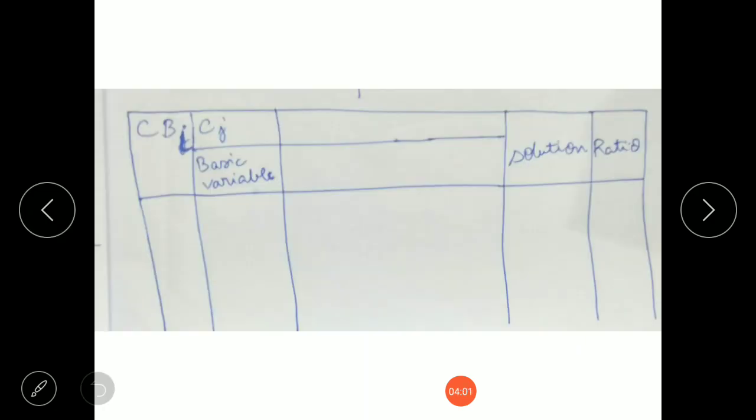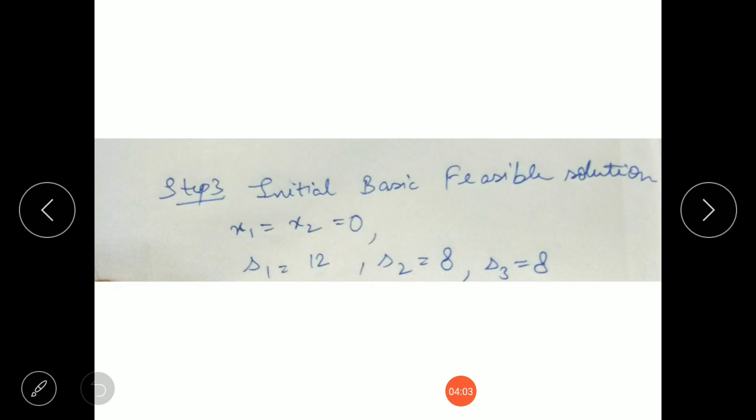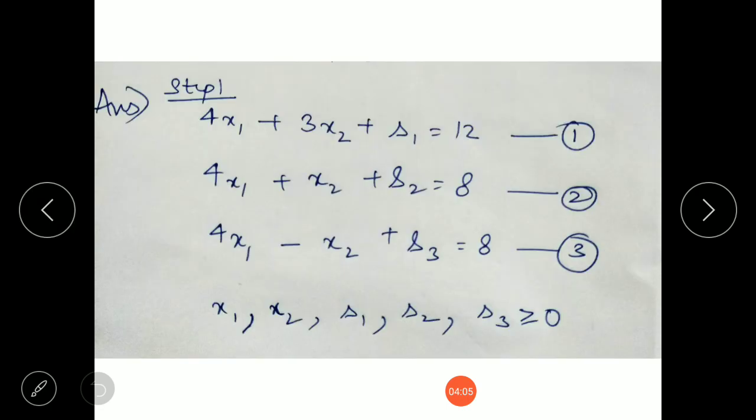Similarly, for the rows corresponding to S2 and S3, you can fill them by observing the equations that contain the S2 and S3 slack variables. For the row corresponding to the S2 slack variable, the row can be filled from equation number 2, since equation number 2 contains the S2 slack variable.